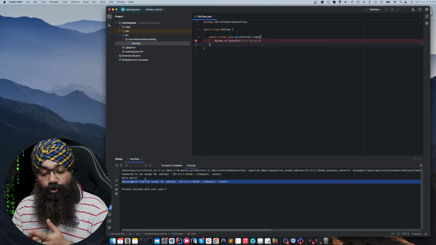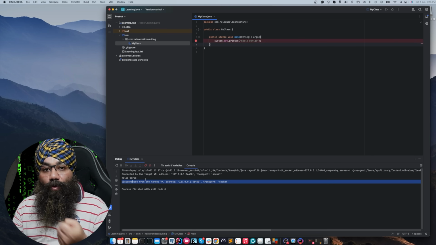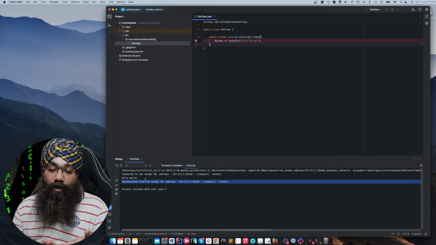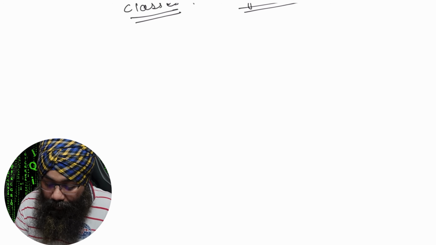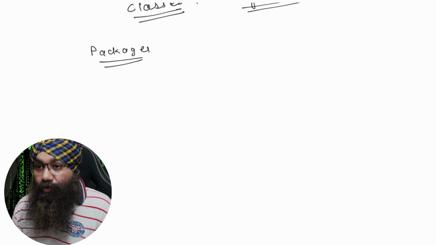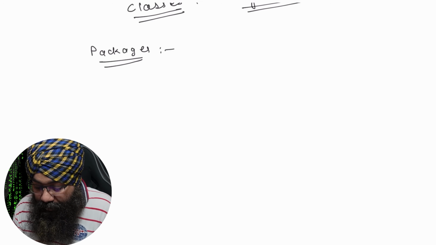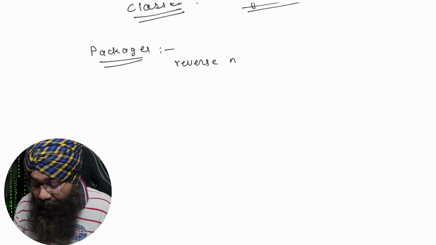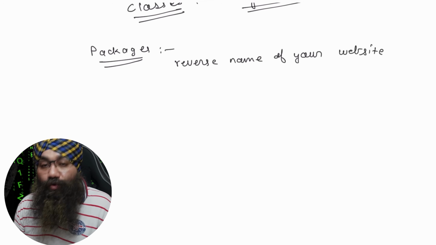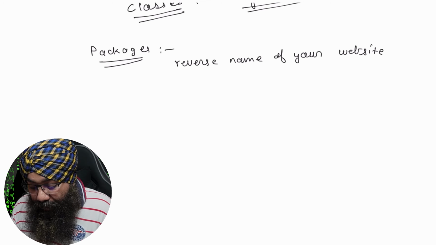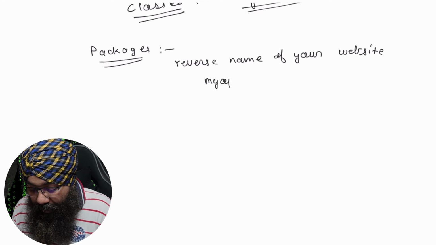Now we'll learn some more theory which will empower us to create more structured applications. So a little bit about packages. As I told, the name should be the reverse name of your website. If you don't have a website, you can say something like my application as well. Any suitable name.